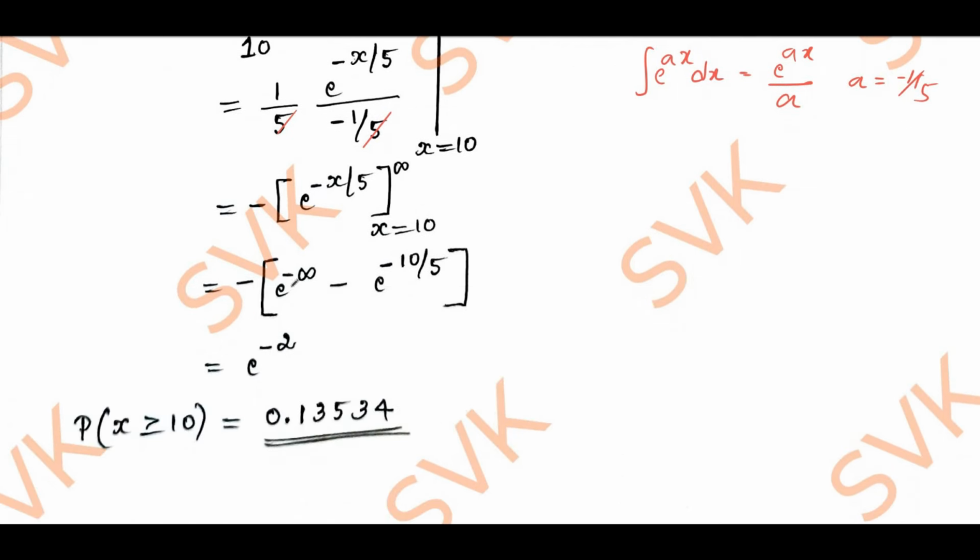Substituting the limits, e power minus infinity minus e power minus 10 by 5: e power minus infinity is 0, minus into minus will be plus, and e power minus 10 by 5 is e power minus 2. Calculating with your calculator, e power minus 2 is 0.13534, the value for the probability of x greater than or equal to 10.